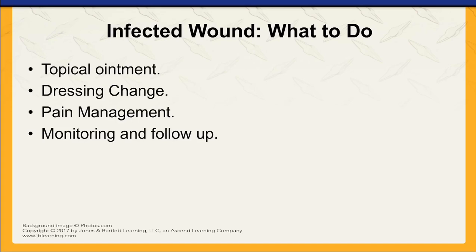But until that patient is able to seek professional care, in the interim, you want to soak that wound in warm water. Soak the wound in warm water, or you can apply a warm compress or wet packs over the infected wound. The other thing is you can apply some antibiotic ointment. That will help rather well.